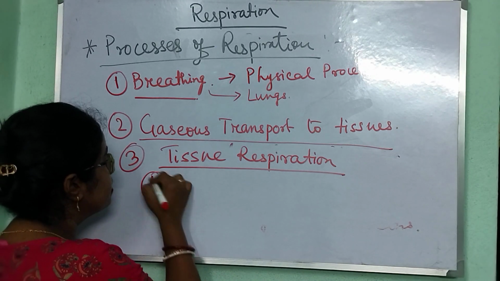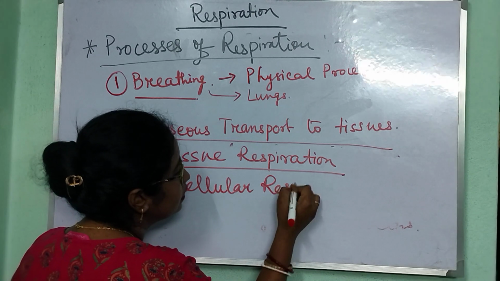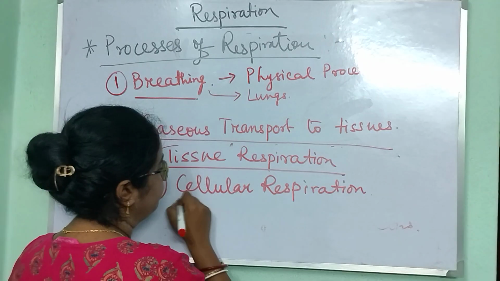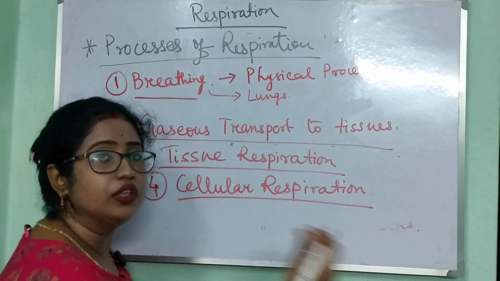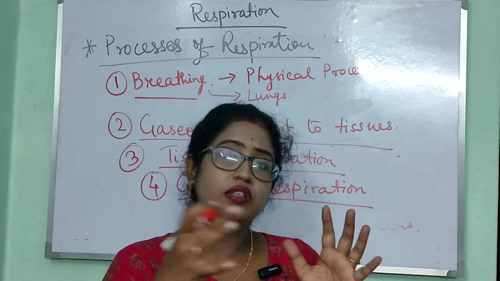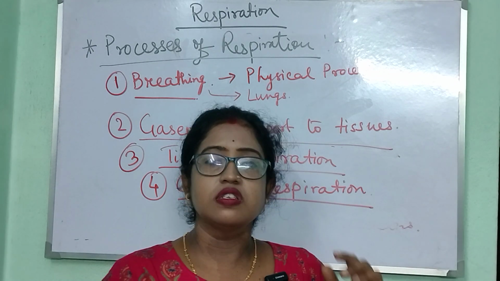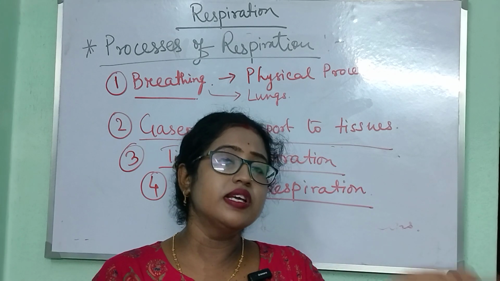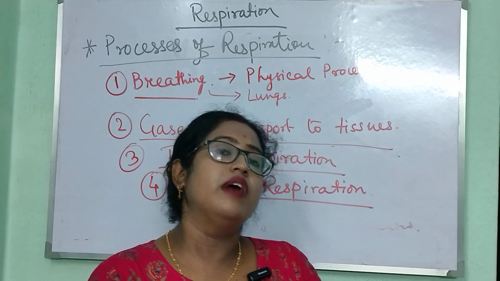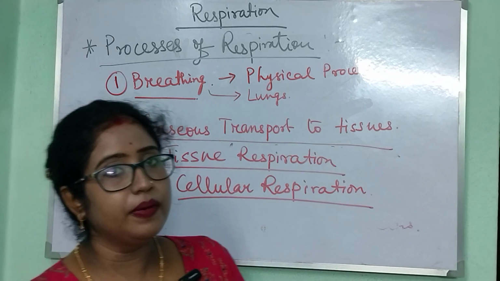The fourth process is cellular respiration. When the oxygen is transported to the tissues, the cells, as tissue is a cluster of cells, take up this oxygen molecule via diffusion through their cell membrane.